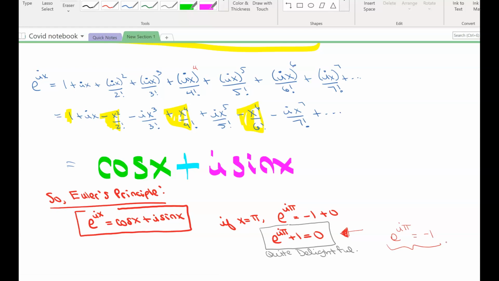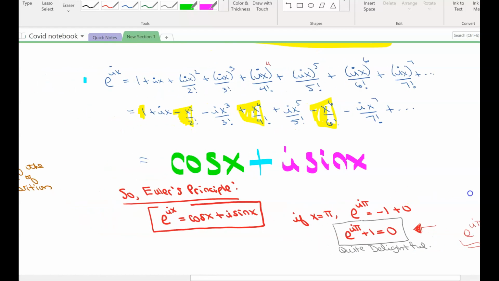If you can have plus instead of minus, it's generally cleaner and more aesthetically pleasing for mathematicians. And then there's no 0 in this version, right? So this is probably the most famous specific case of Euler's principle. It's really just phenomenal. I think it's so fantastic. And this is arguably the most beautiful equation in the world.